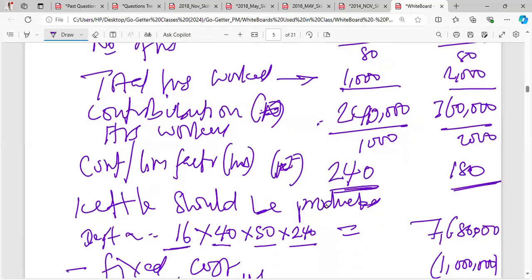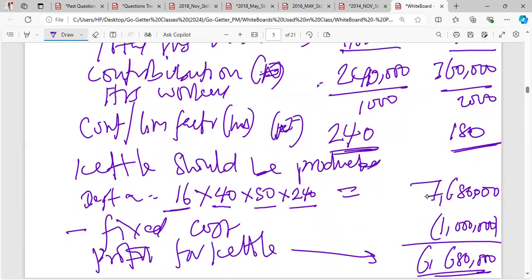When we look at kettle, we are getting 240 contribution for each hour they work. We have 16 people there who must work 40 hours a week, and they must work 50 weeks in a year, at 240.